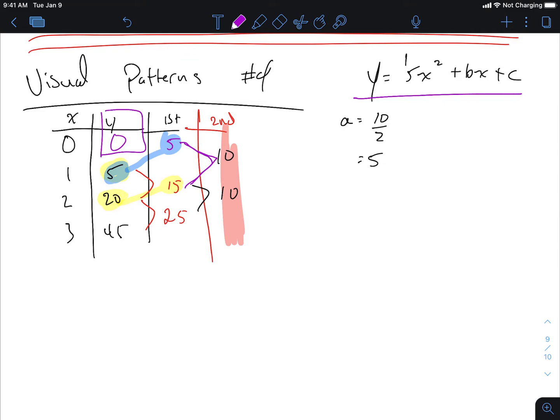Were you answering the question? Oh, okay. It's always the C value. That's the y-intercept, right? I know that the C value in this question is 0. So now you get to kind of erase C. It's going to be 0.